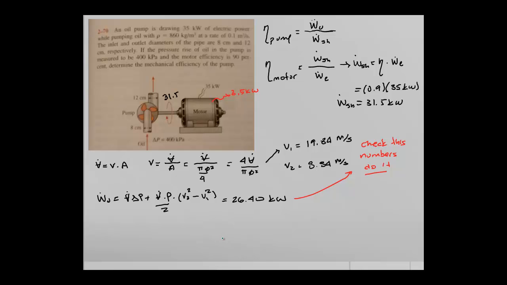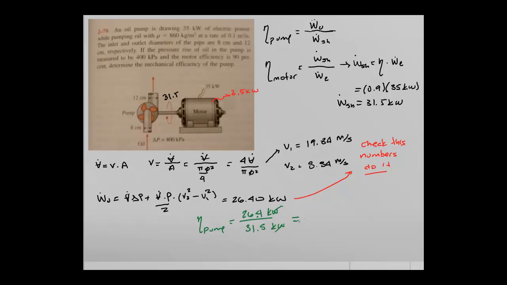Finally, the efficiency of the pump will be the useful work, the work that my fluid is receiving, which is 26.4 kilowatts, divided by the shaft work, the work that the pump is receiving, which we said was 31.5 kilowatts.